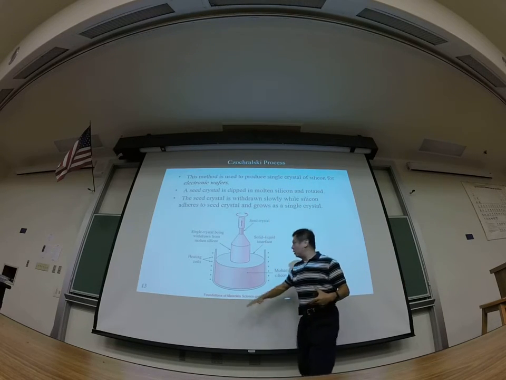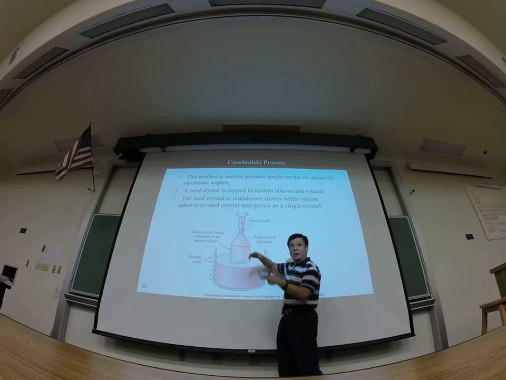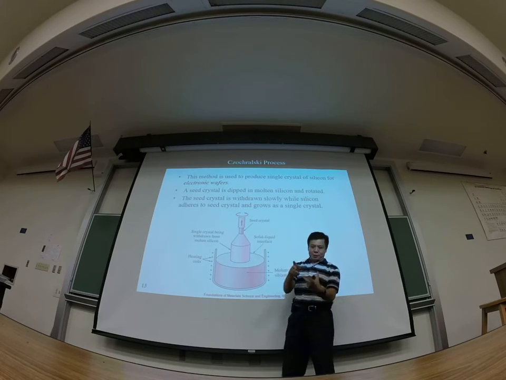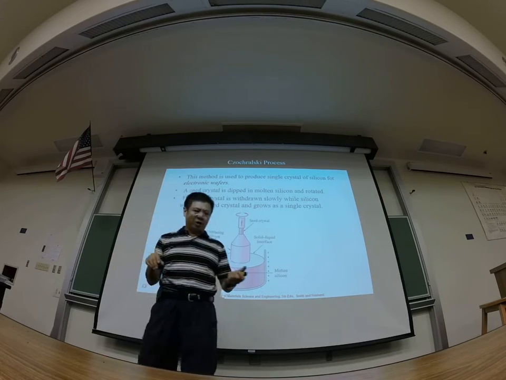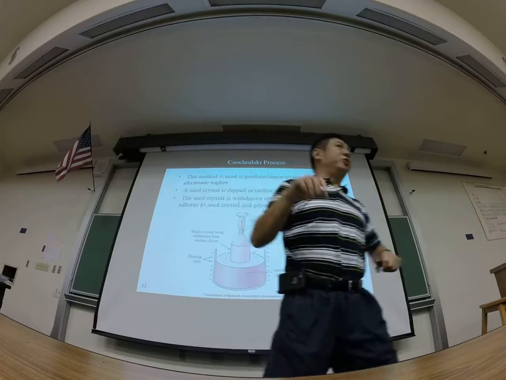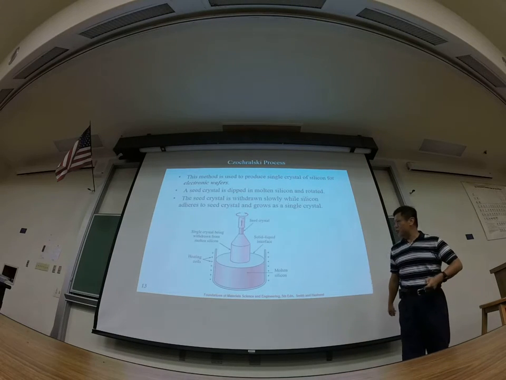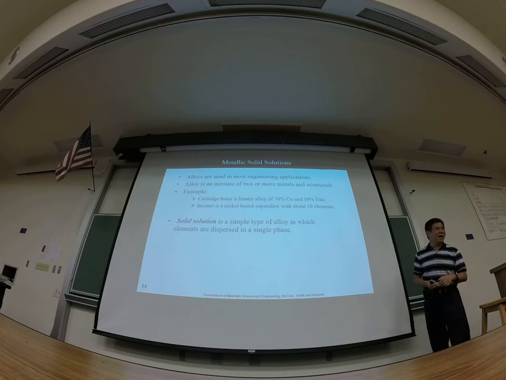And then later on, you can cut this rod to generate silicon wafers. Silicon wafers, you will see later, are very useful for semiconductor fabrication. Okay, so that's what was covered in last class.